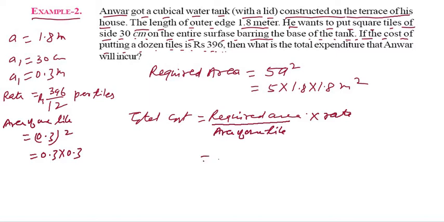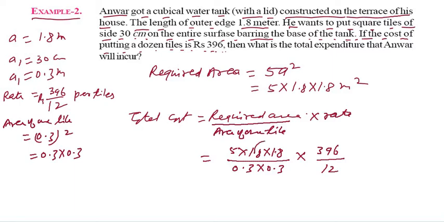So you can put here 5 into 1.8 into 1.8, and here 0.3 into 0.3, and rate is given as 396 divided by 12. Now calculate it. You have to remove the decimal point from the decimals. Yes. Now divided by 3. 3 ones are 3, 3 threes are 9, and 3 twos are 6. Now once again by 3. 3 fours are 12 and 3 fours are 12.